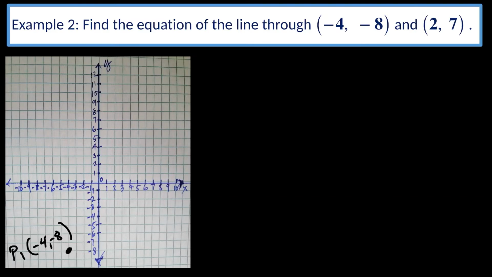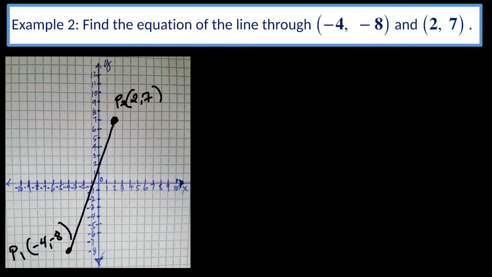And we have 2 and 7. 2 is here and 7 is up there, so this is 2 and 7. Let's say this is our second point. If we connect these 2 points, that will give us a line. What do you think is the equation of this line?